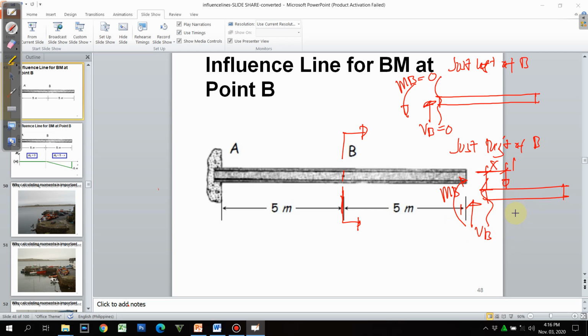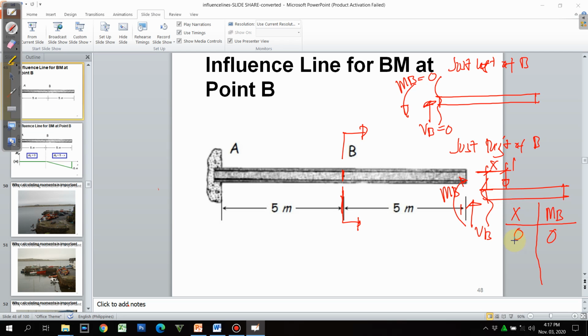So we can now tabulate your X here. Your X will be measured from point B. So when x is 0, your moment at B is also equal to 0.